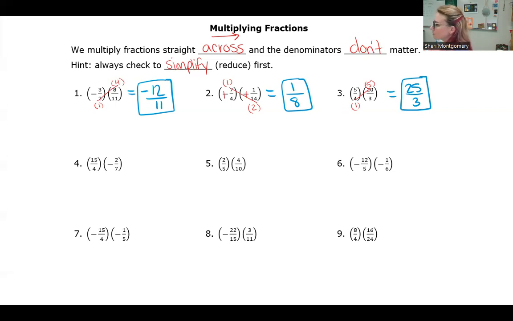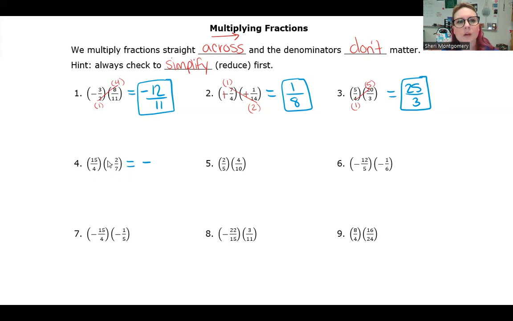We can do this. I'm going to do one more with you, and then I'm going to let you try and do the rest. So let's take a look at number 4. First thing that I notice is a negative times a positive, and I don't want to forget that. So my answer is definitely going to be a negative. Then I don't have to worry about it. And then as I look through, 7 doesn't go into 15.